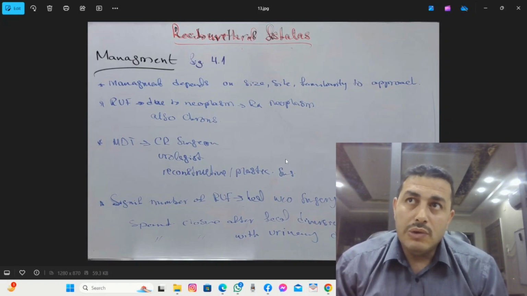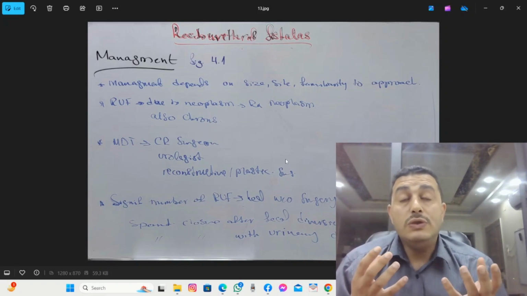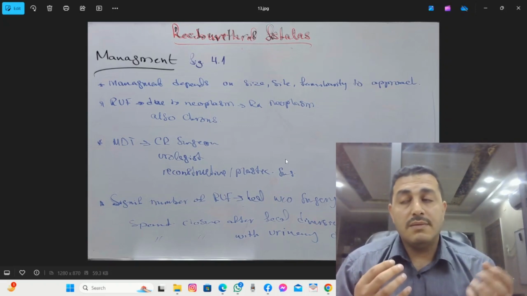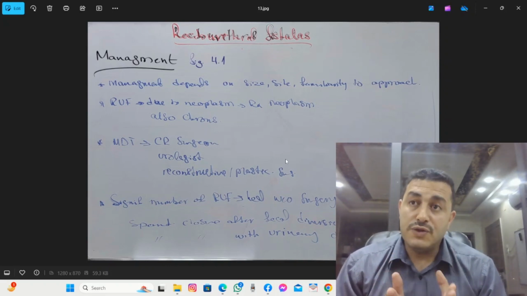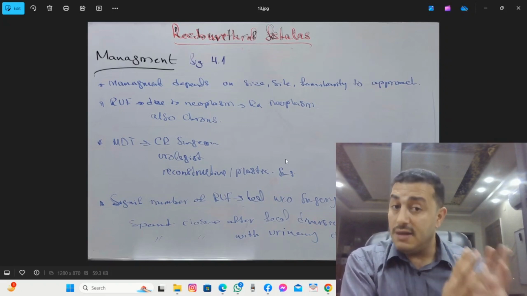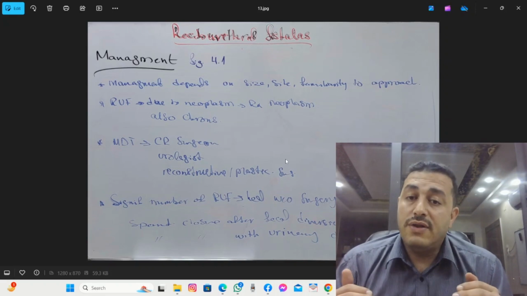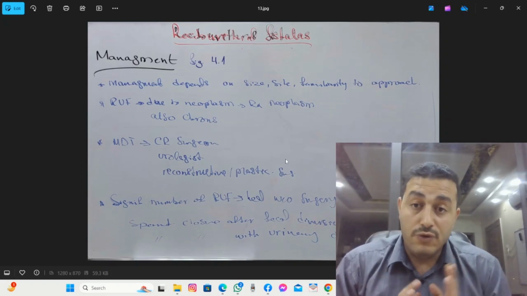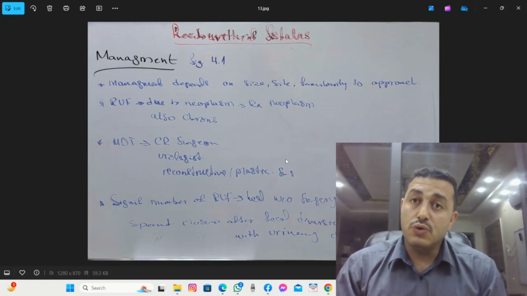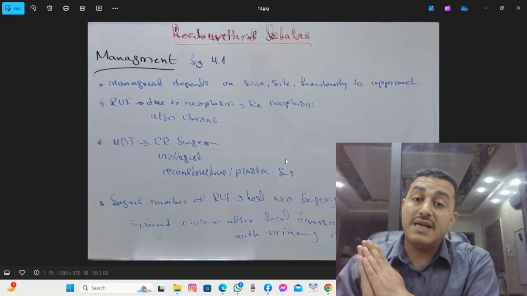What I want to highlight is that if the rectourethral fistula is due to neoplasm, cancer in the rectum, in the prostate, or in the urinary bladder, then the treatment of the fistula should follow the guideline of the neoplasm itself, not removing the fistula tract or the approaches we will talk about in the next few minutes. So our treatment protocol should be guided by the guideline of the treatment of the neoplasm itself.